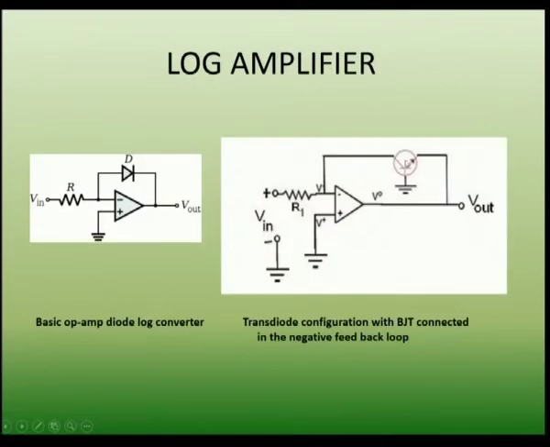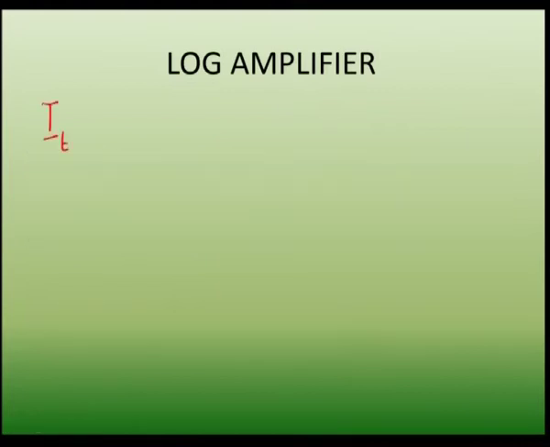Since this transistor is a diode connected transistor, we have the equation for the emitter current: IE is equal to the saturation current into e power (V by kT by q) minus 1.